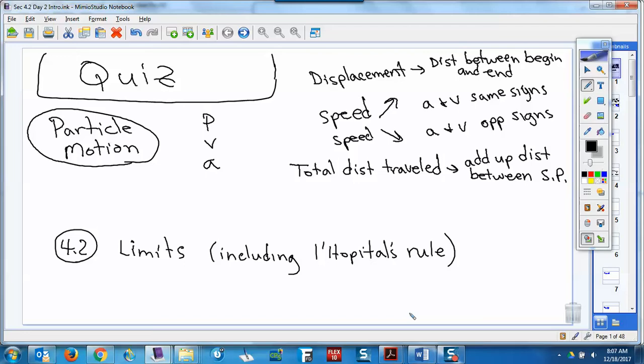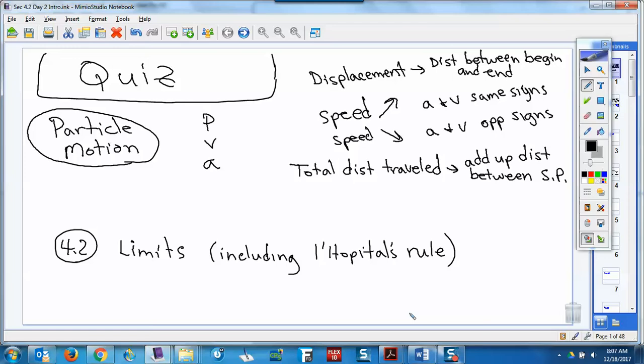Then go back and review this one, especially the graphs and the tables, because I might put some of that on there too, where you're given a velocity graph or position graph or a table of values. Review that and see if you have questions to bring up tomorrow.